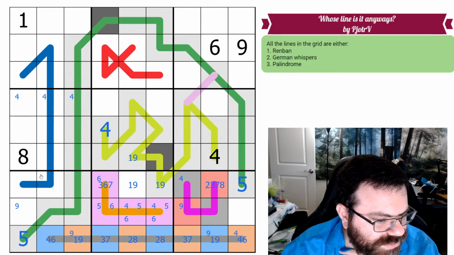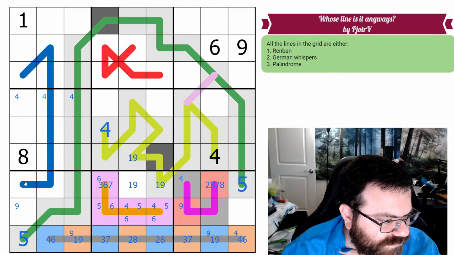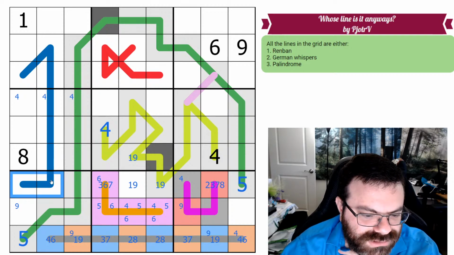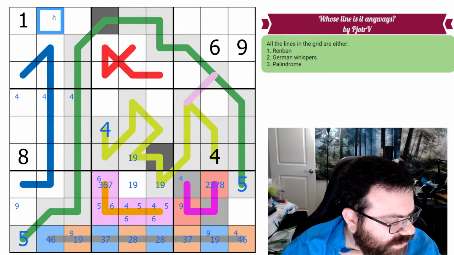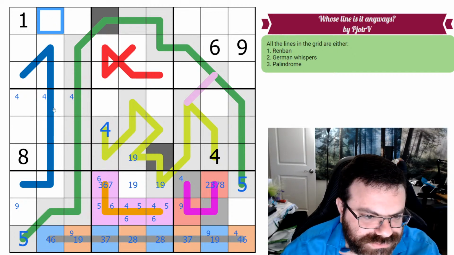You don't think blue can be a German whisper? It would force a 5. So where would 5 go on the column? We'll force it here. And a 4-6 pair in column 2.